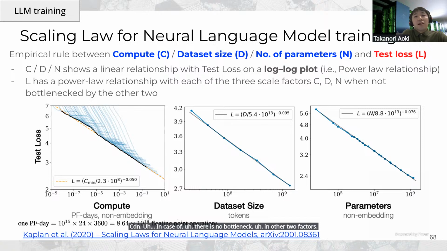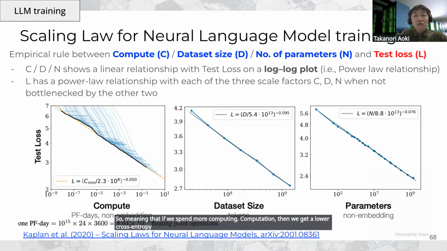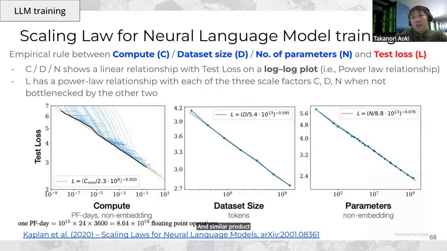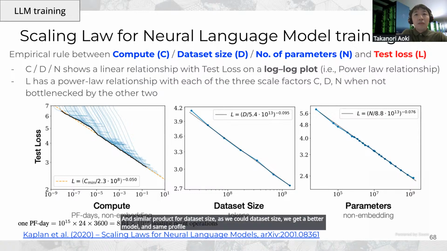Meaning that if we spend more computation, then we get a lower cross entropy loss during test. And the same applies for dataset size. As we increase dataset size, we get a better model, and the same applies for number of parameters.